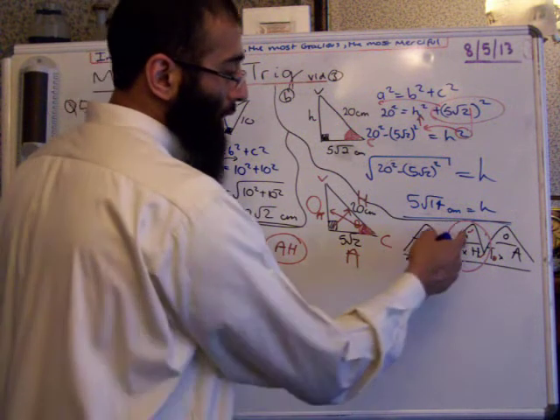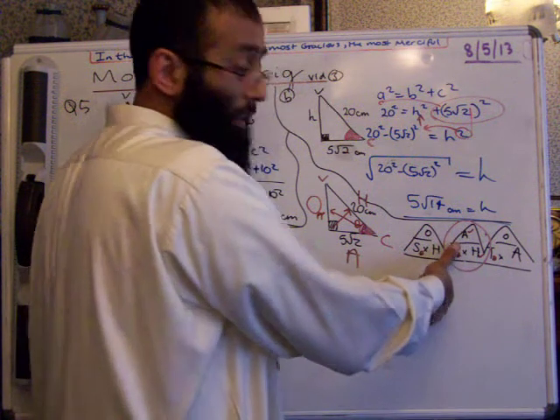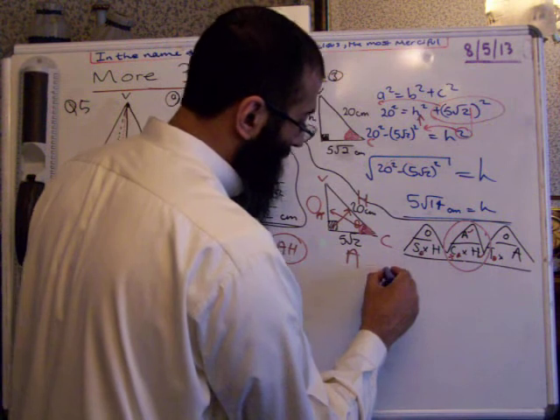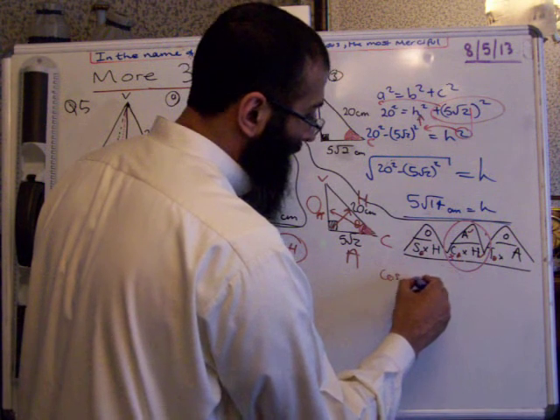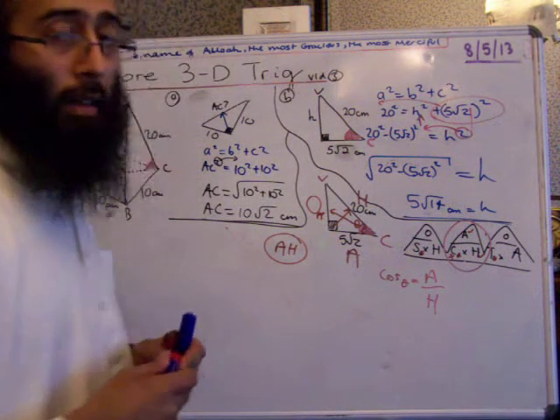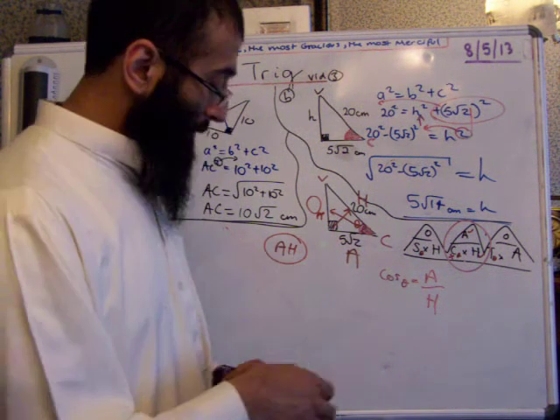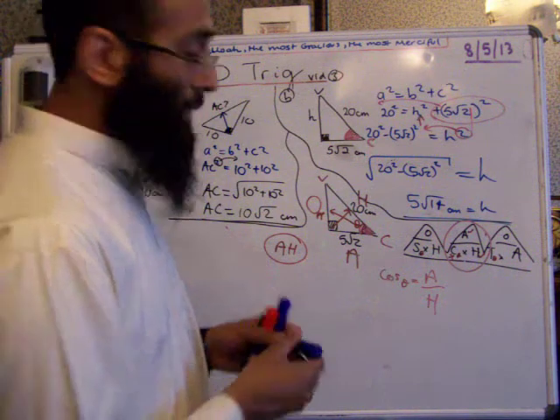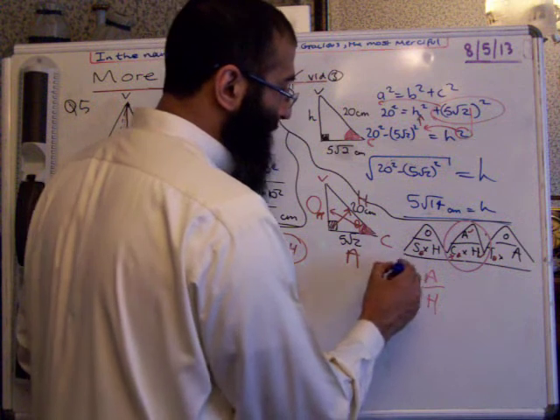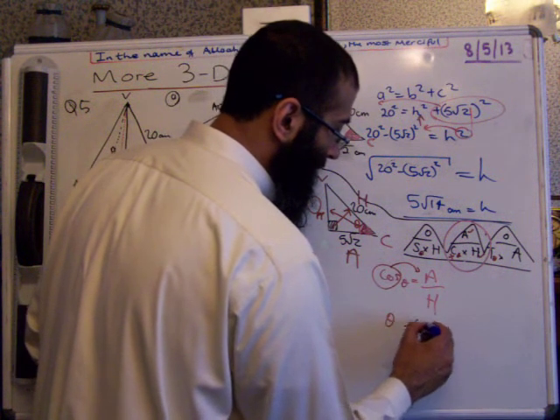We know these two items, we don't know the angle, so we cover the angle with your thumb, and that tells you the cos of the angle will be A divided by H. So cos of the angle is equal to A divided by H. Now, we don't want cos of the angle, we want just the angle itself. So we need to inverse the cos. The opposite of cos is cos minus 1.